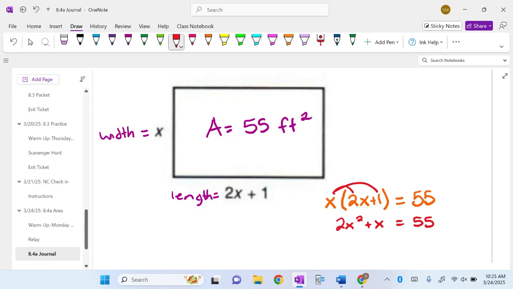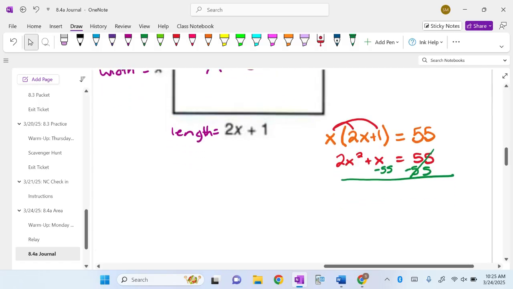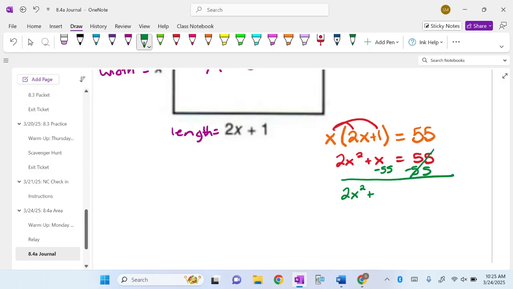We're solving by factoring, not taking a square root. Right. We got to subtract 55 from both sides to get one side equal to 0. So this goes away. Now, does 55 have anything to combine with on the left side of the equal sign? No. So we just bring down the minus 55. So this would be 2x squared plus x minus 55 equals 0.